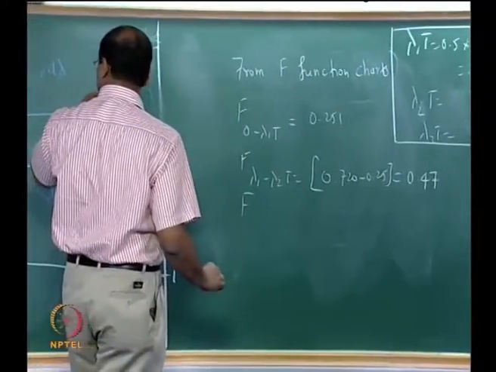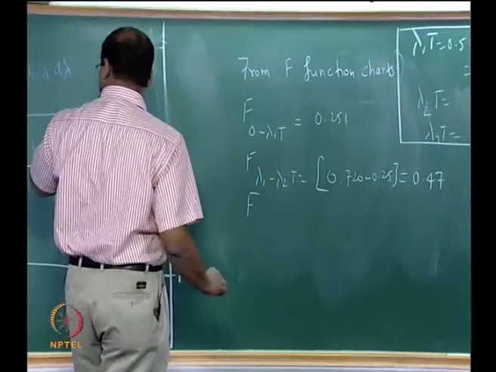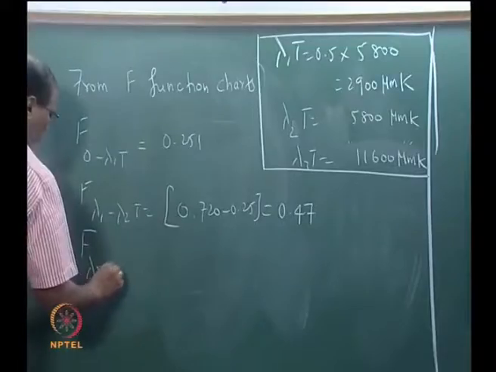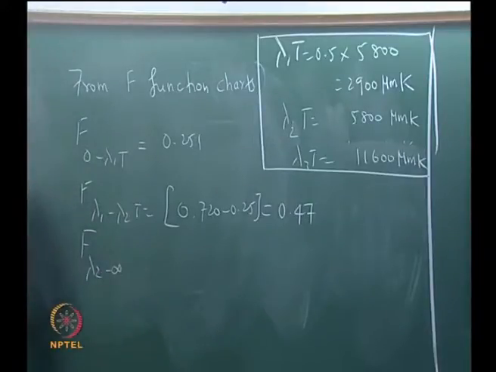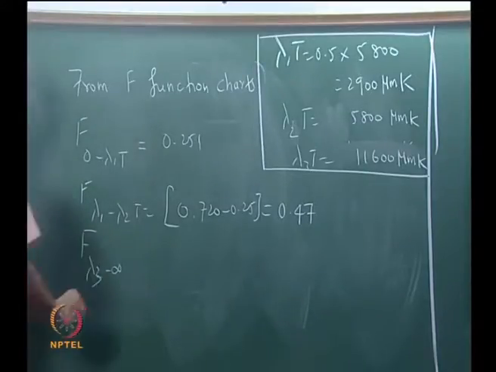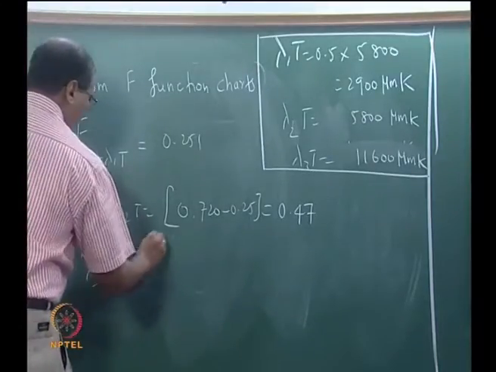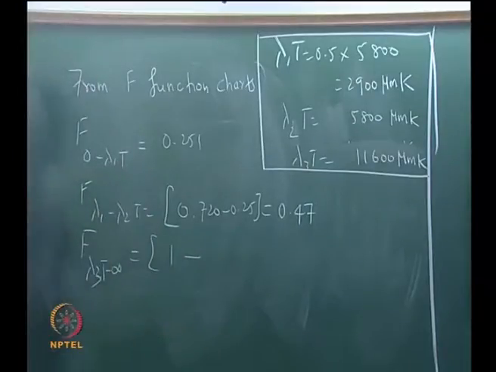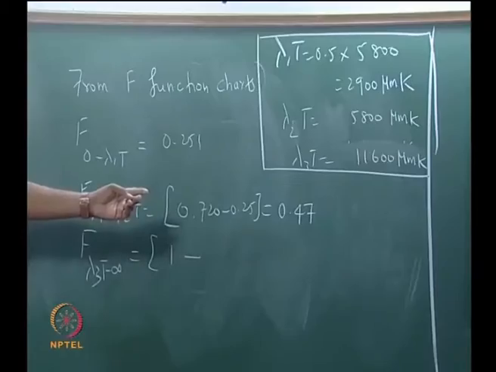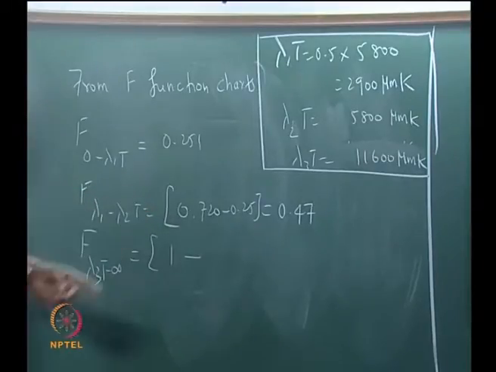Okay, f of lambda 2 to infinity, right? Lambda 3 to infinity, correct? 1 minus 0.72, no, 0.9 93994, okay.